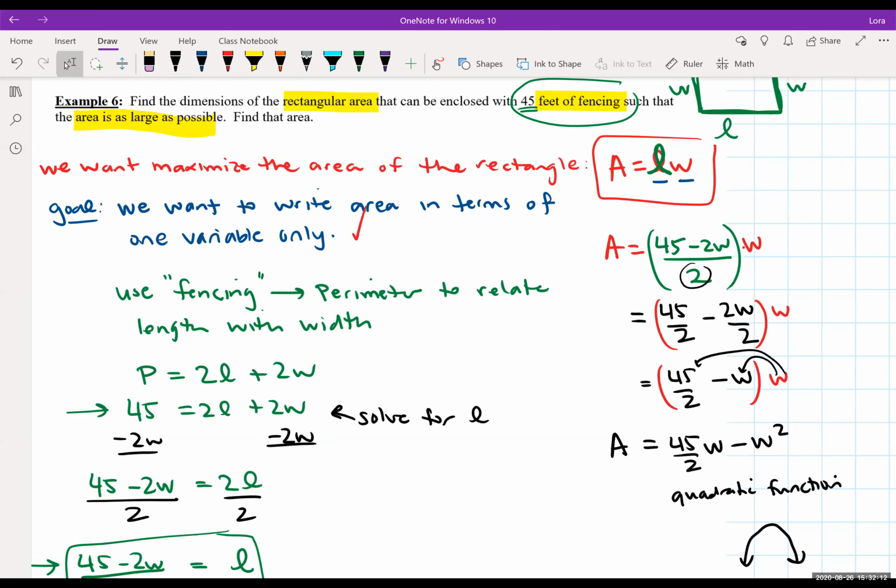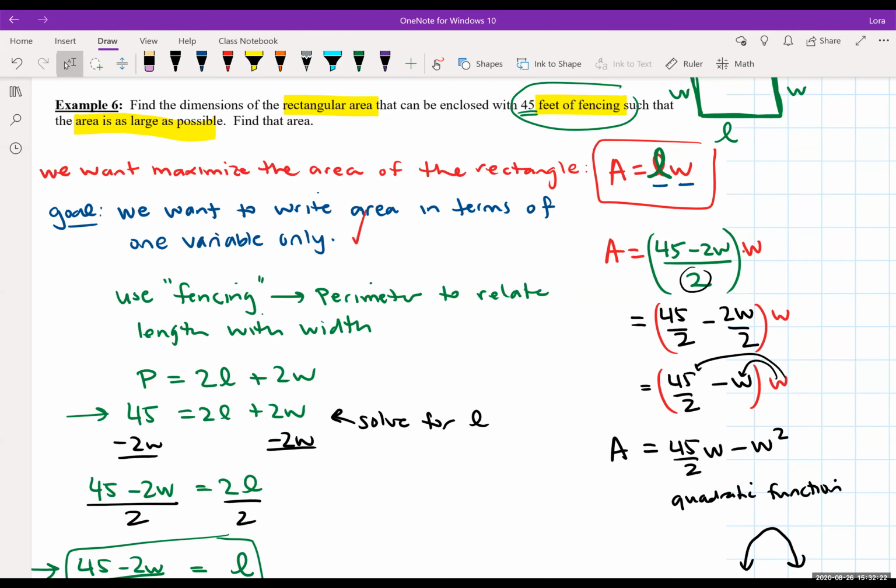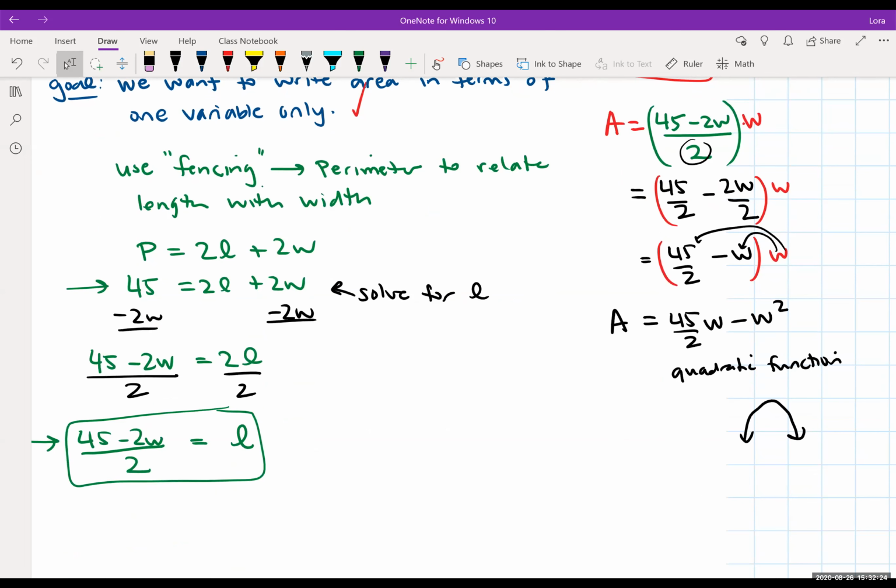They wanted to figure out the dimensions of the area that can be enclosed with 45 feet of fencing, such that the area is as large as possible. So basically, if we have to maximize this, maximizing the area, it's another way to say find the vertex.